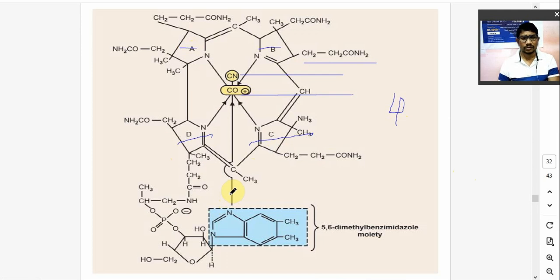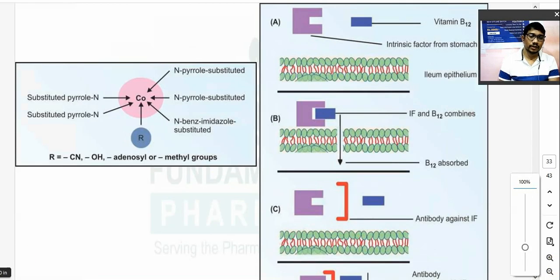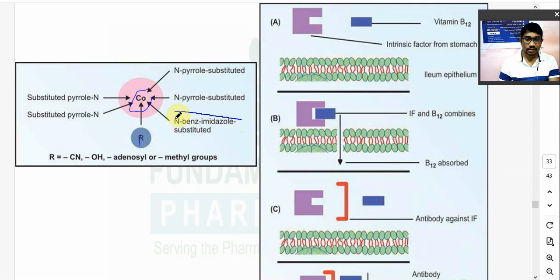Are you getting or not? समझ रहा है क्या? Yes or no? Now you can see over here again. So cobalt atom which is placed centrally, and this is cyano group which is attached to cobalt by coordinate bond. Okay, benzimidazole moiety is also there.